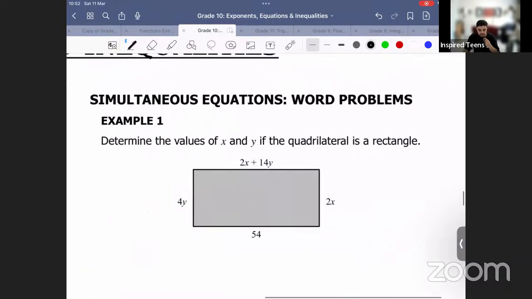Okay, let's have a look at this. Simultaneous equations, word problems. Determine the values of x and y if the quadrilateral is a rectangle. Any idea what I can do? Someone tell me.